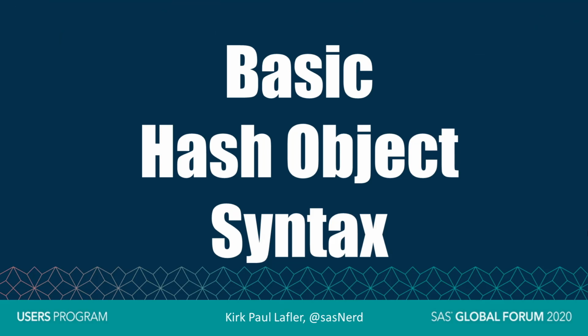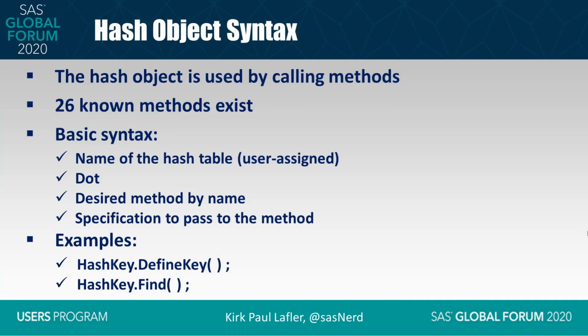Now let us turn our attention to basic hash object syntax. Like any language, hash objects have their own unique set of syntax that we'll explore and learn. The hash object is used by calling methods. It looks and behaves oftentimes like a function.